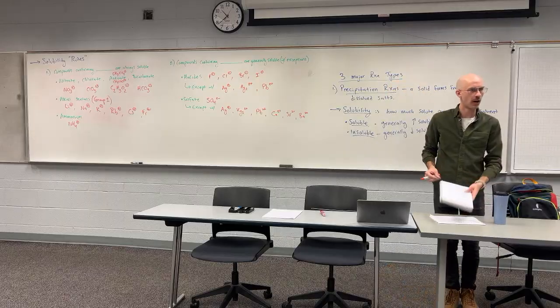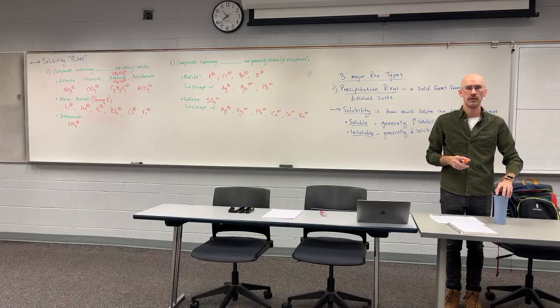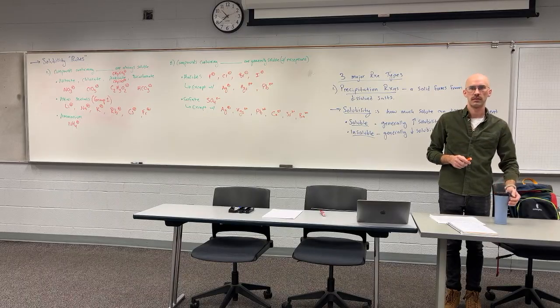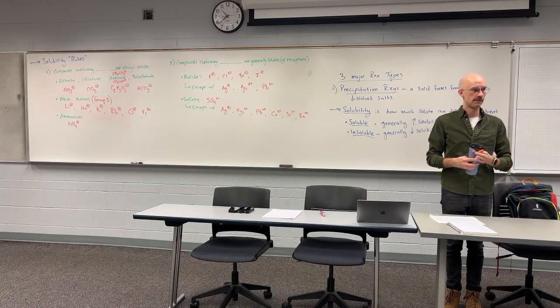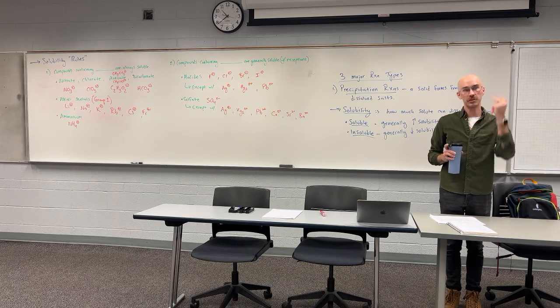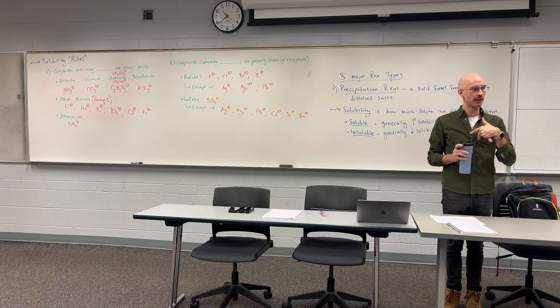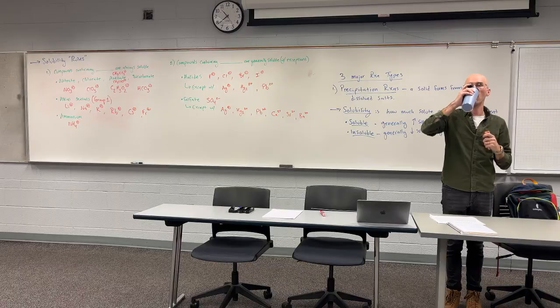Didn't we say that all alkali metals are always soluble? Yeah, we did. And these are alkaline earth. This is group 2. But it's not all of group 2. Can you tell me what these have in common about group 2?